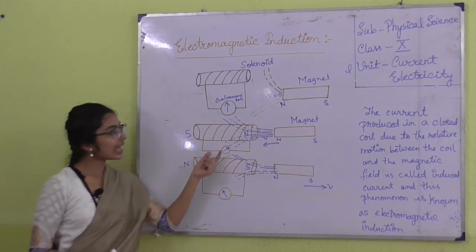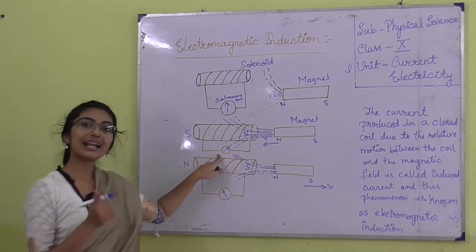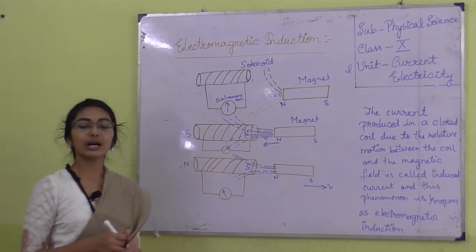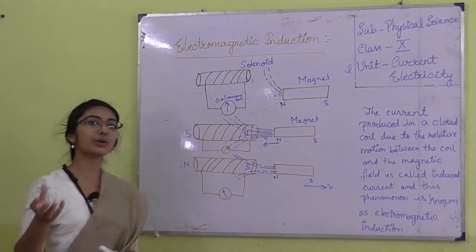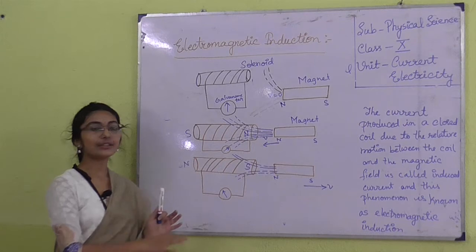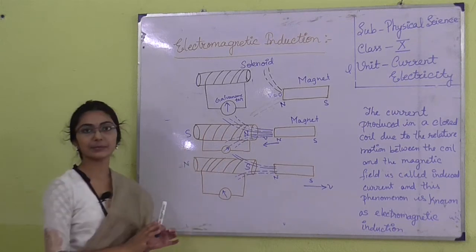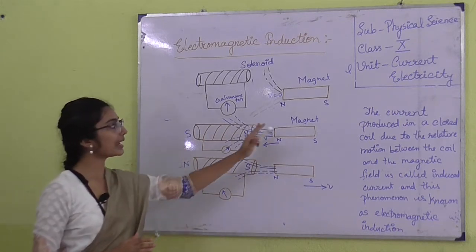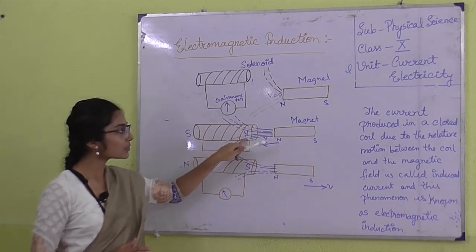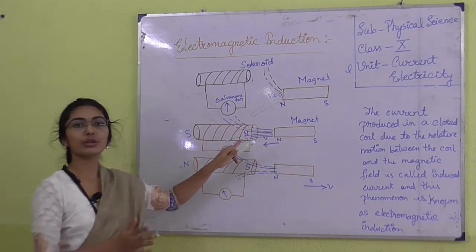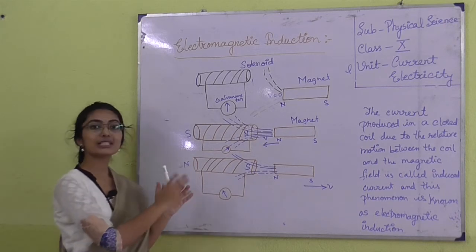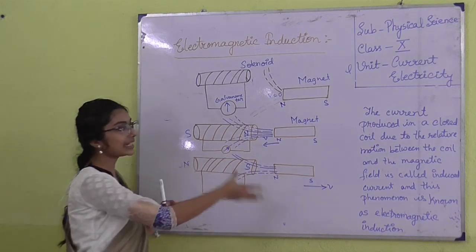Because the current is produced due to a potential difference, or EMF, electromotive force. This electromotive force tries to oppose the magnetic field. That's why the opposite pole is not produced here. The same pole is produced so that the electromotive force can repel the magnet.